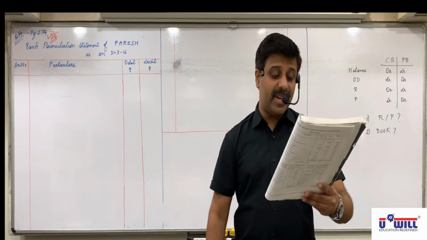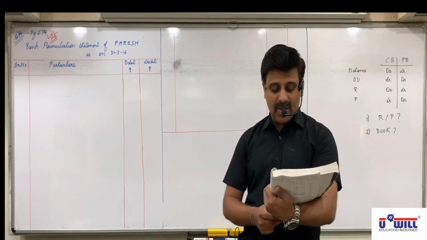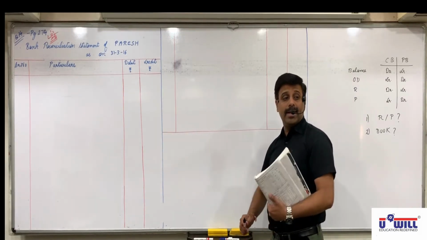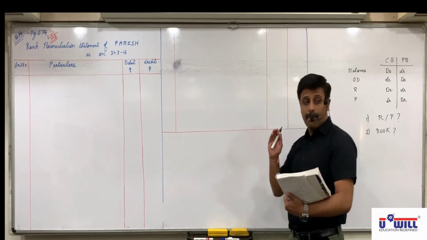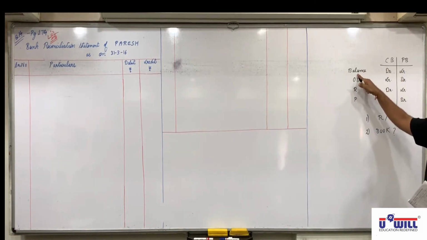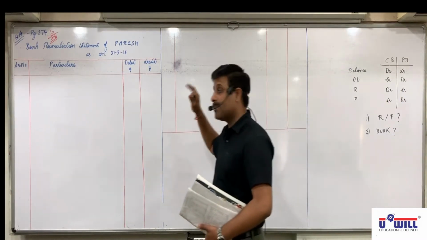Question 14, page 274. The cash book of Paresh shows a bank balance of rupees 10,000 on 31/3/15. Underline cash book, underline balance. See here, cash book, bank balance. Where will we record? Debit. Did you understand this?